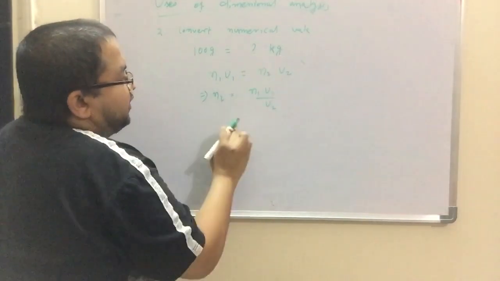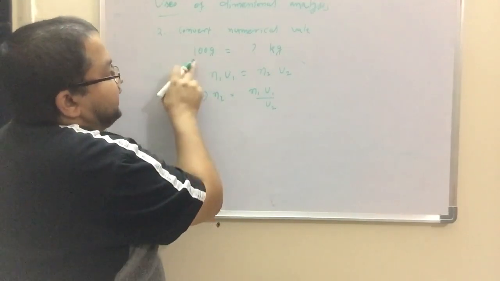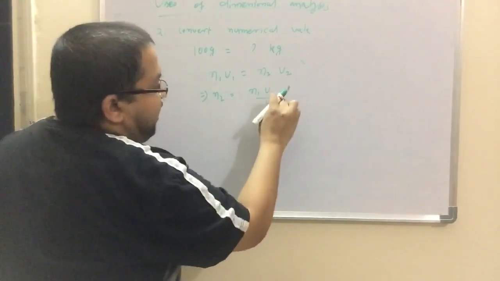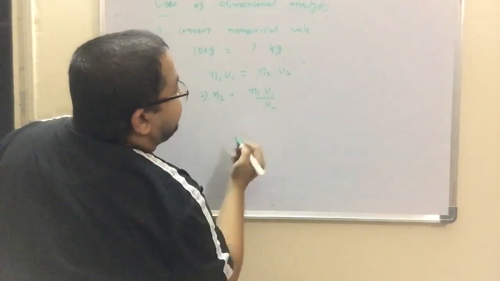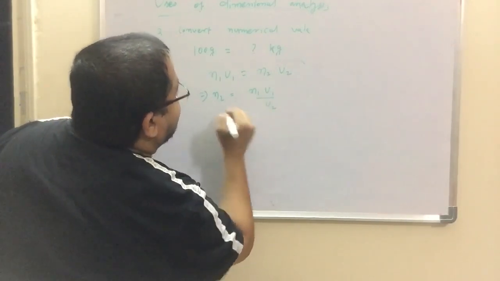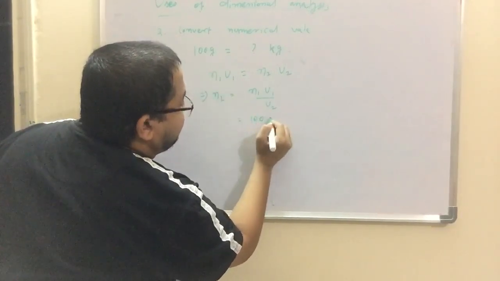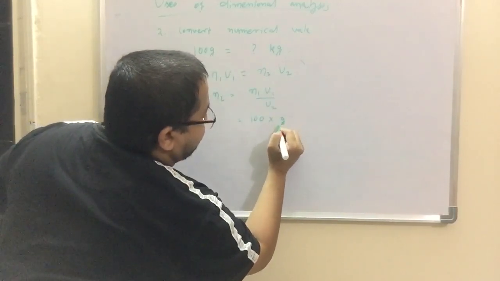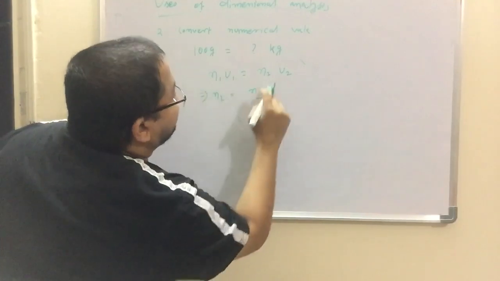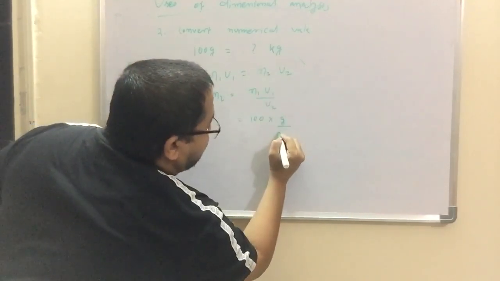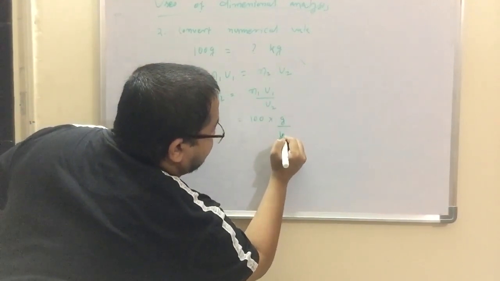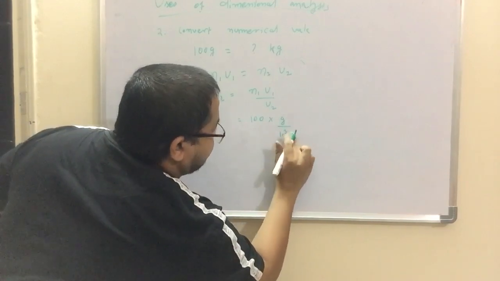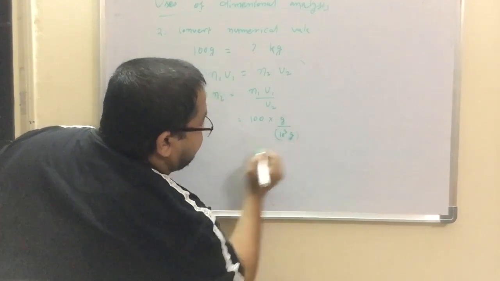And now let us see what is the physical quantity. It's mass, right? So mass upon mass. So here N1 equals 100, your U1 is gram, and here U2 equals kilogram. So kilogram we can say 10 to the power 3 gram, right?